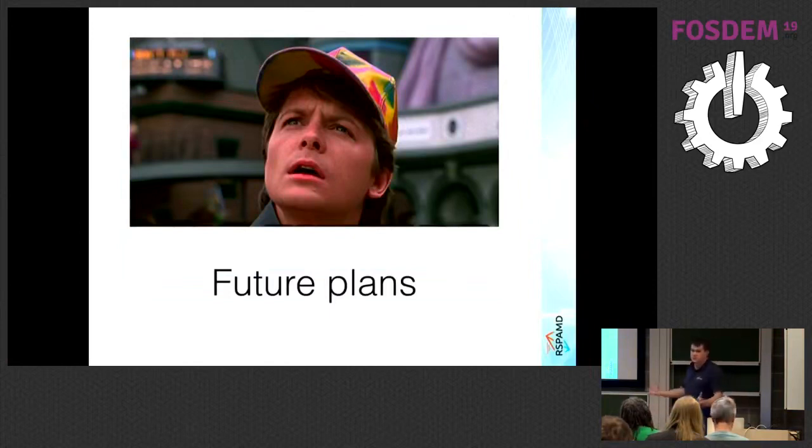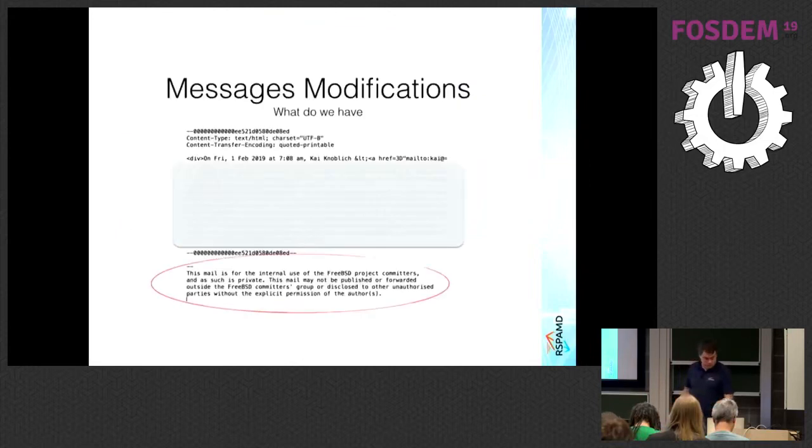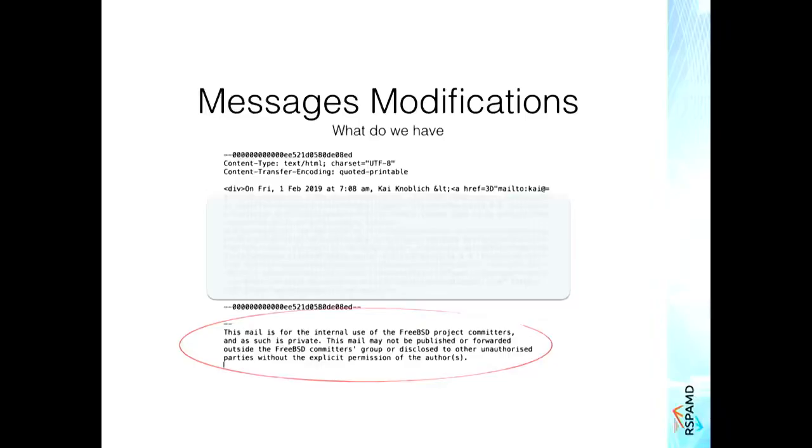So now some words about what we want to do, because currently we have a working prototype, but there are still ways to improve it. First of all, we have a big pain point now. There is a special script on Freefall that sends email for developers.